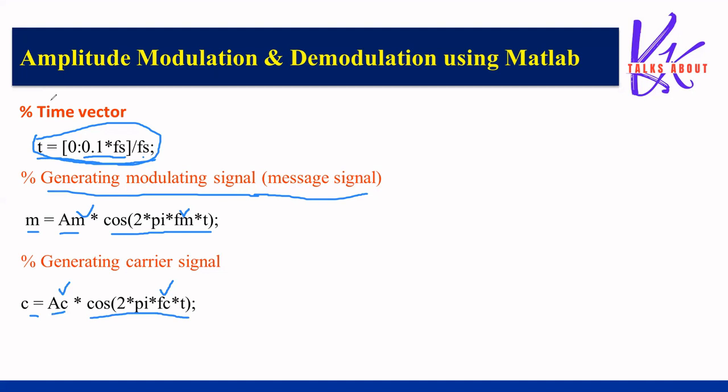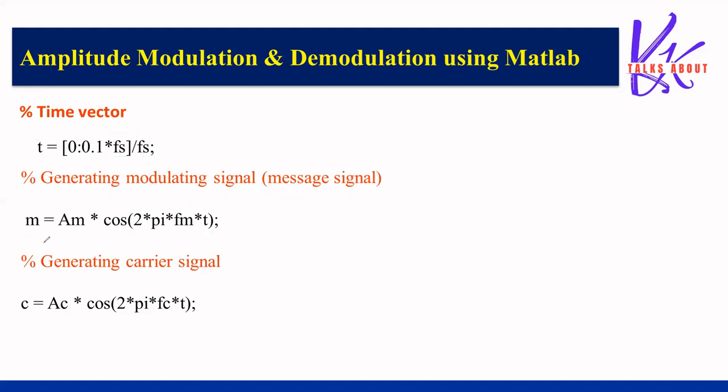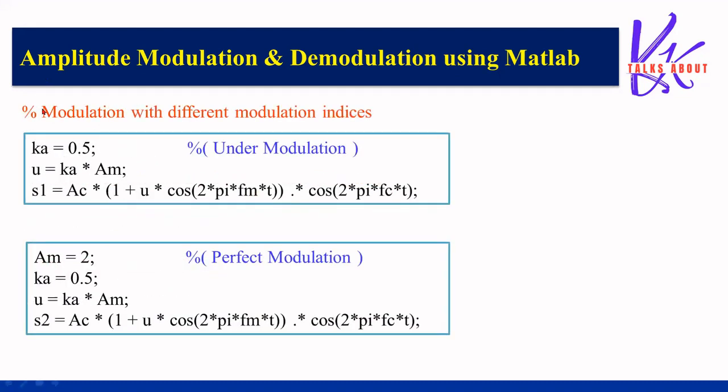Now we proceed to how to do the modulation. As we have said, there are three cases in amplitude modulation: the first is under modulation, the second is perfect modulation, and the third is over modulation. Let us implement them one by one.